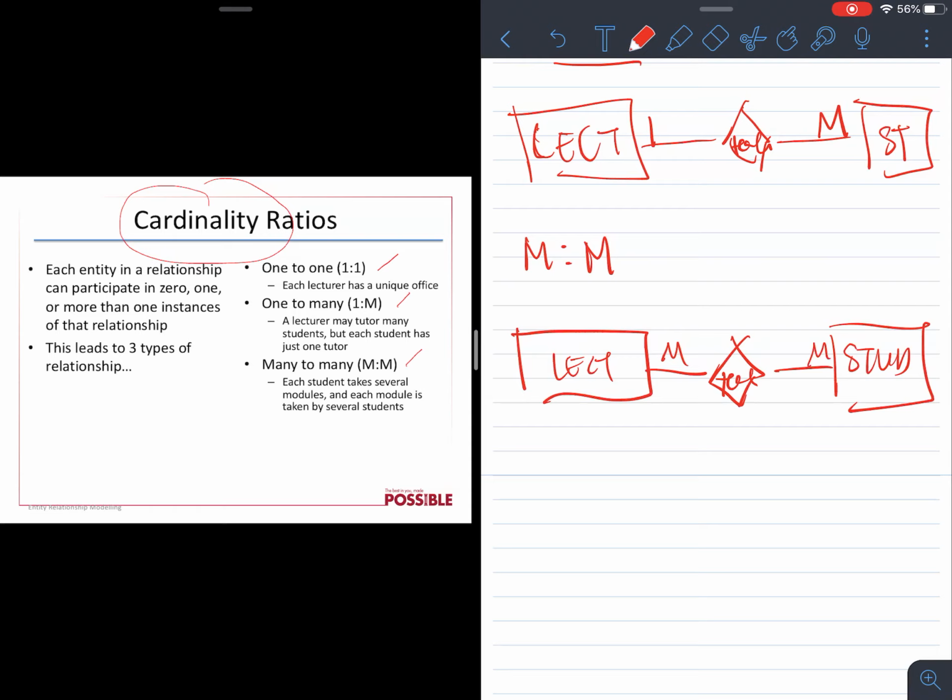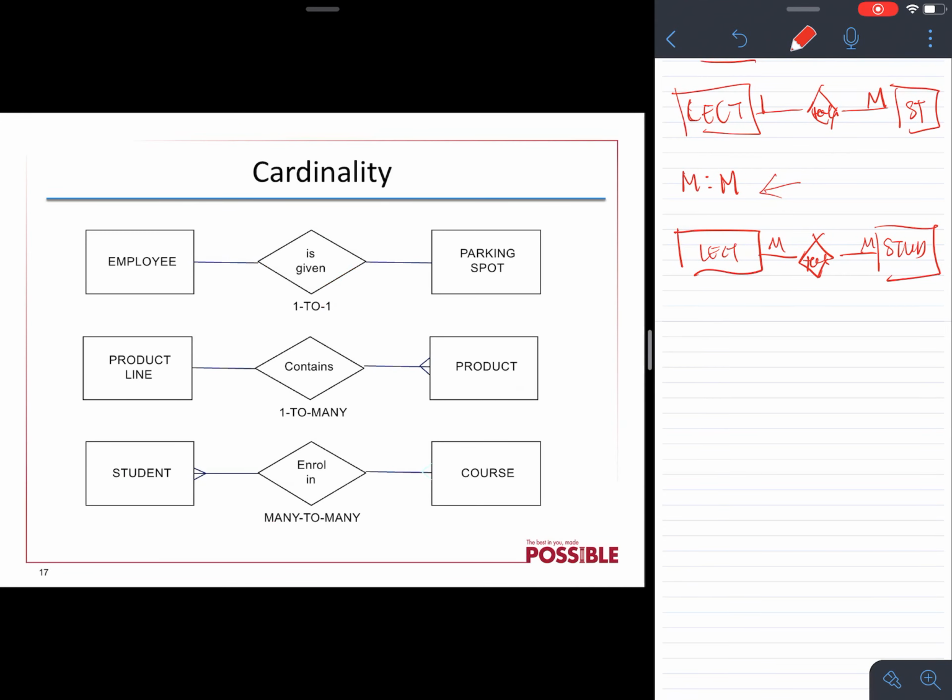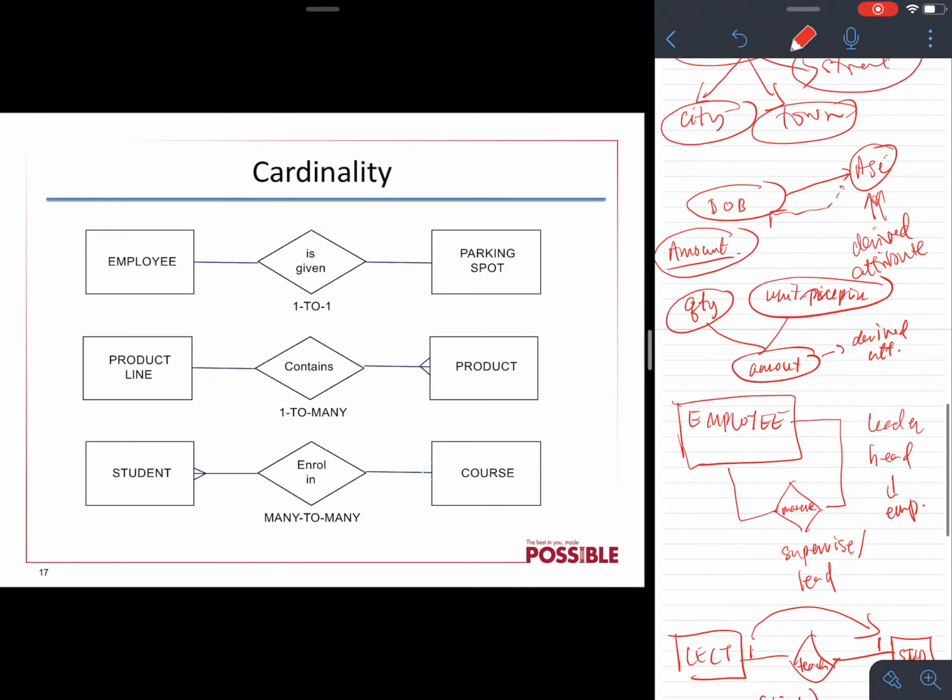For example, I teach all of you, and then you are also taught by Miss Rose Laili, which is another lecturer. That is the example of many to many. So this is the example of cardinality.